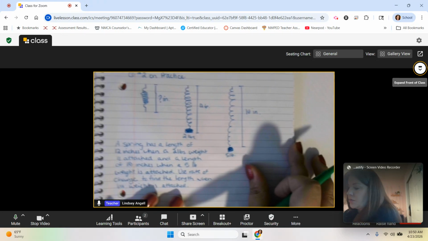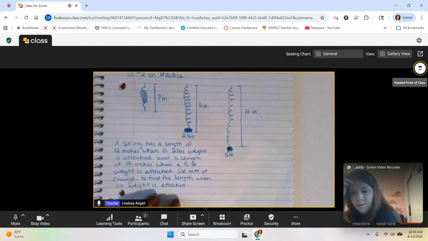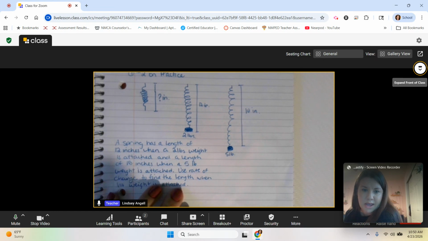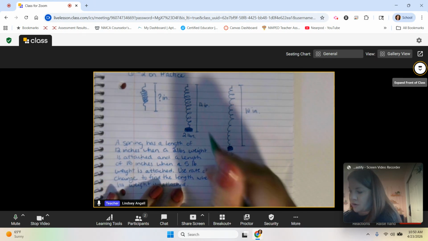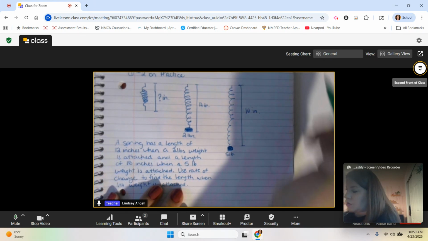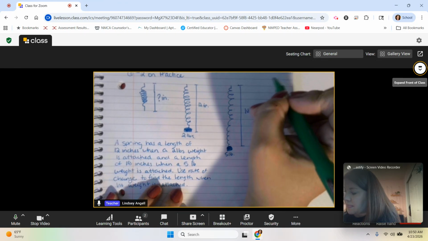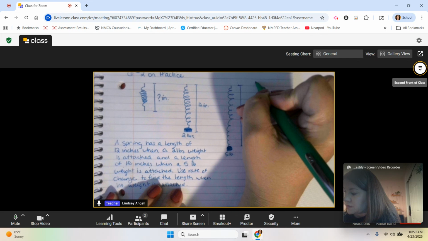Okay, so the first thing we want to do is figure out, well, what is our y value and what is our x value? So we could graph this information, or we could give the information as ordered pairs, okay?